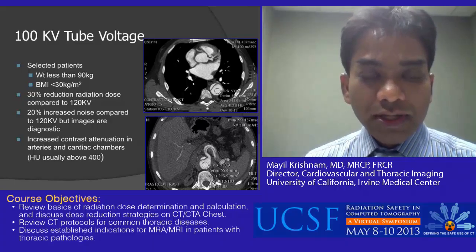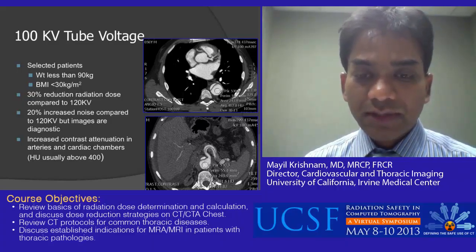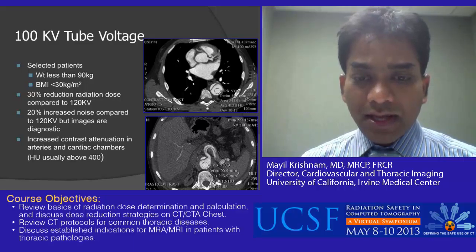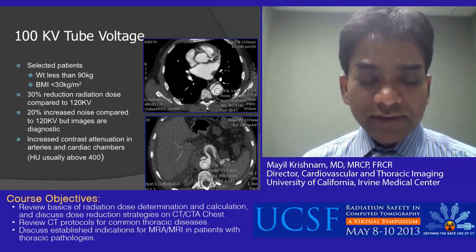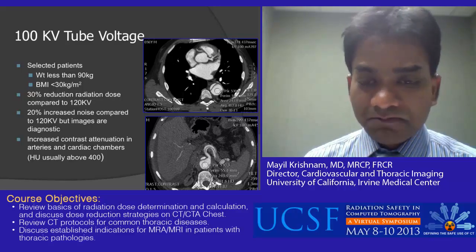I'm going to talk about 100 kV tube voltage for CT chest applications. This is specifically used for CT angiograms, and especially if the patient has a BMI less than 30 or weight less than 90 kilograms, or thin patients.